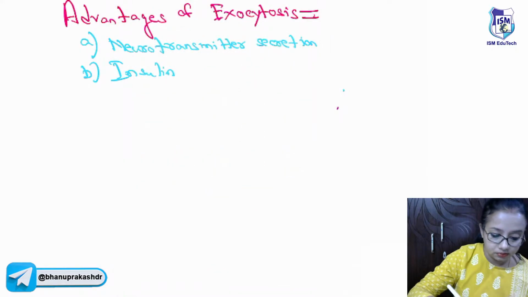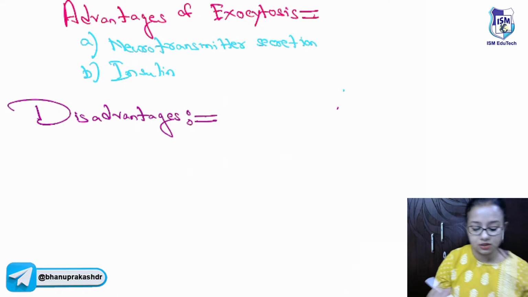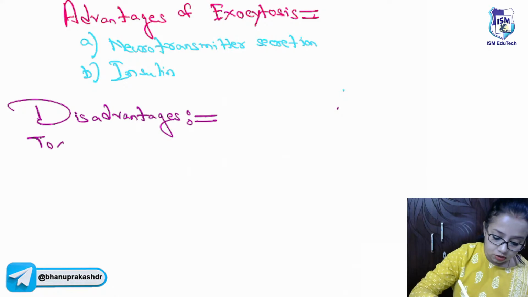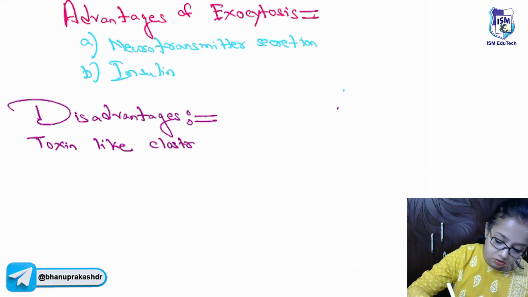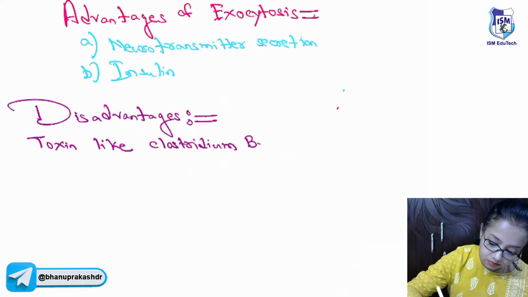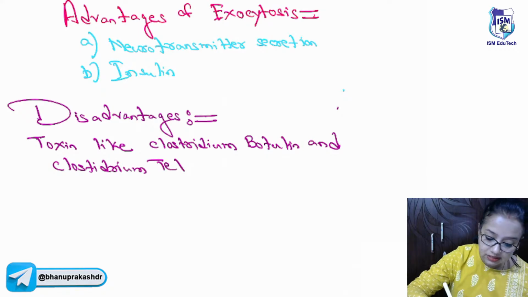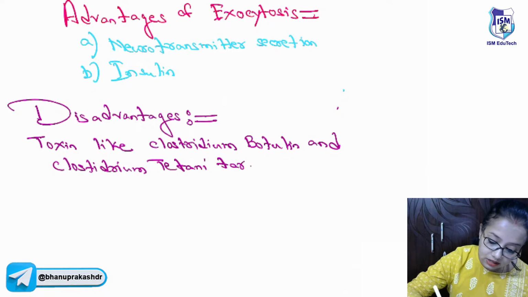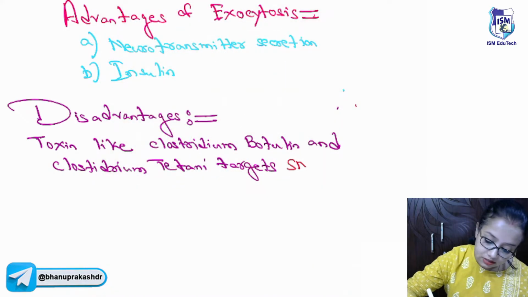The disadvantages of this exocytosis are that toxins like Clostridium botulinum and Clostridium tetani target SNARE protein.